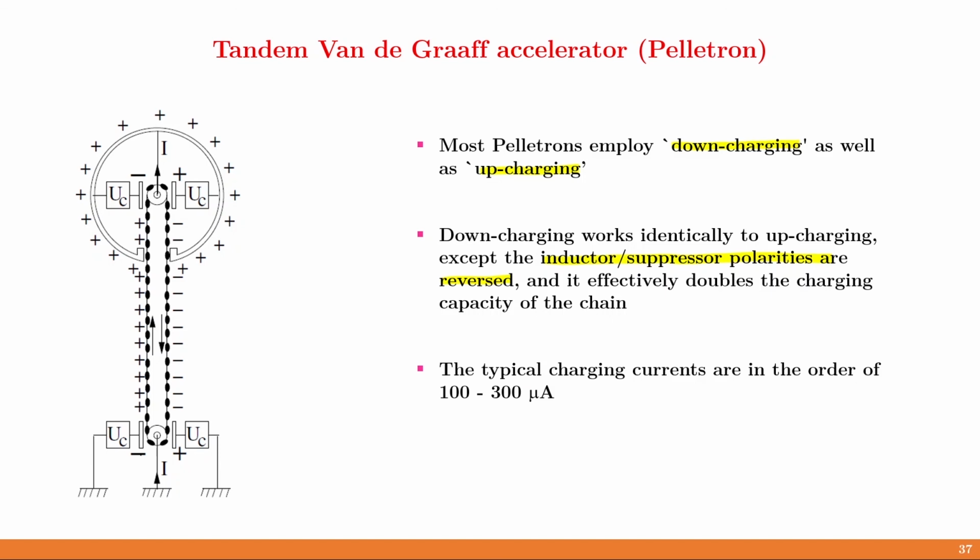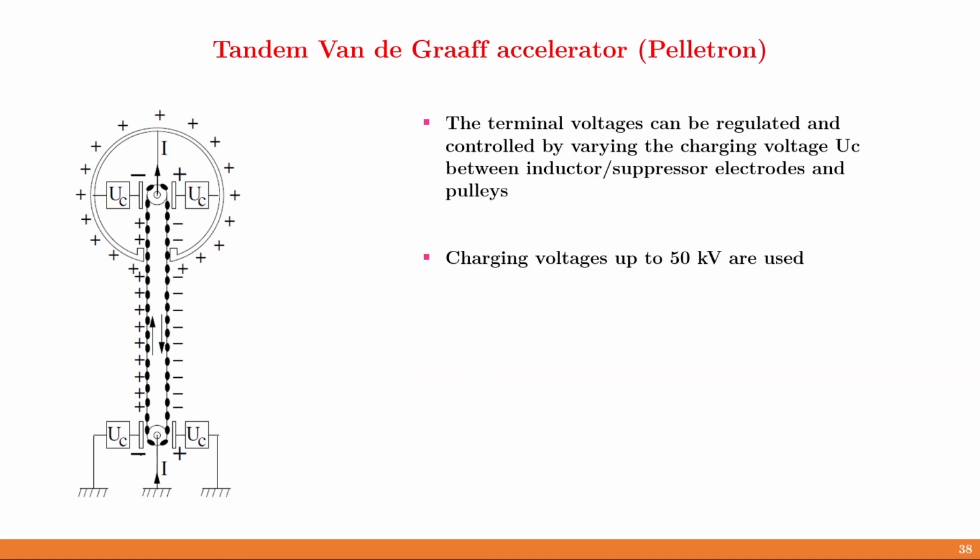Typical charging currents are in the order of 100 to 300 microamperes, and with this, high voltages up to 30 megavolts have been reached. The terminal voltages can be regulated and controlled by varying the charging voltage UC between the inductor or suppressor electrodes and pulleys, and charging voltages up to 50 kV are used.